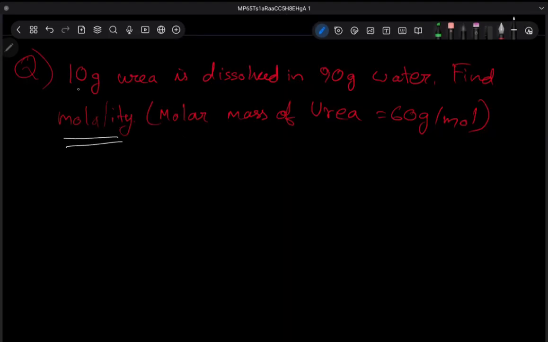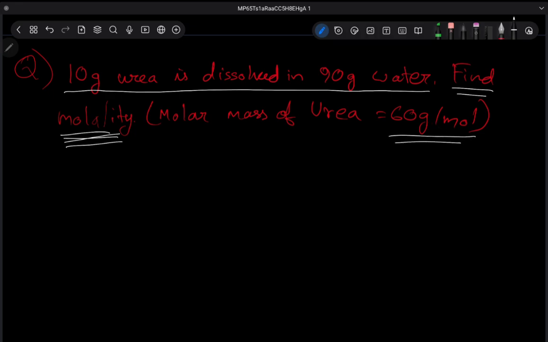Molality question: 10 gram of urea is dissolved in 90 gram water, find molality. The molar mass of urea is given as 60 gram per mole. Let's solve this. We have to find the moles of urea.